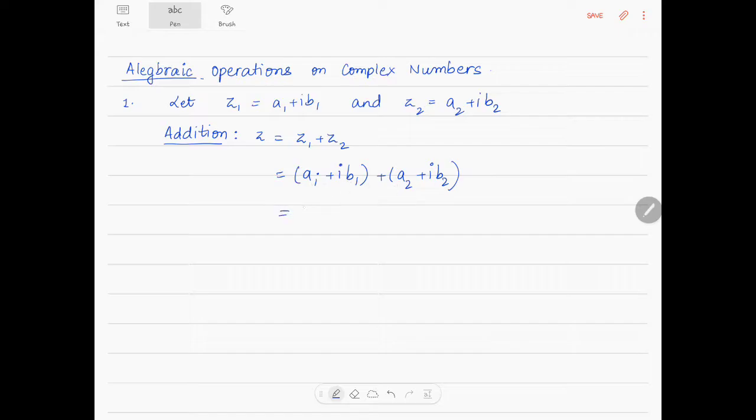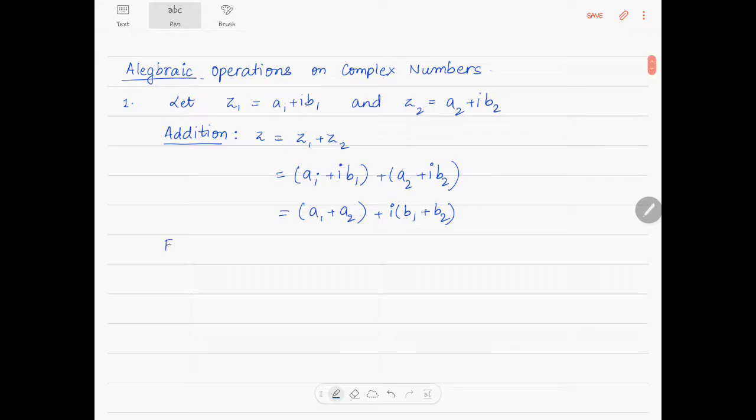If we bring together the real parts, we will have a1 plus a2 in one bracket, plus i times b1 plus b2 in the other bracket. In this manner we have added two complex numbers.